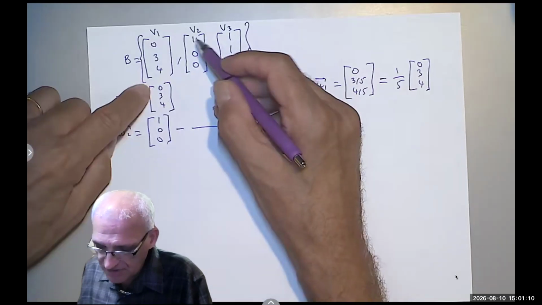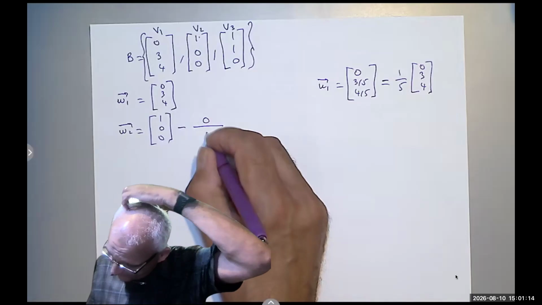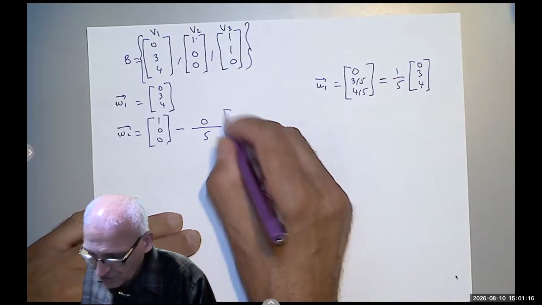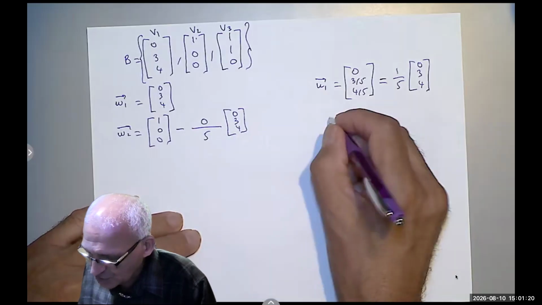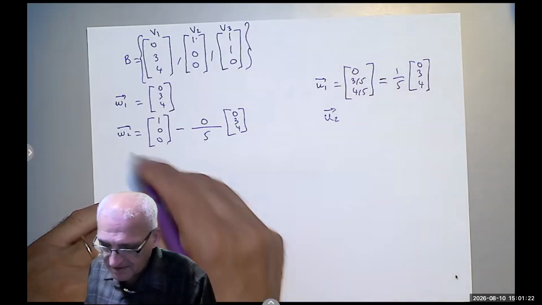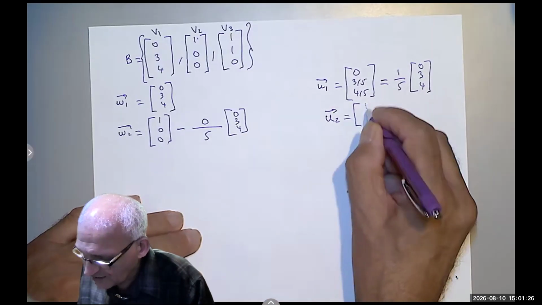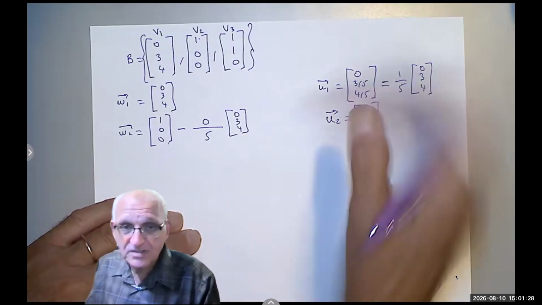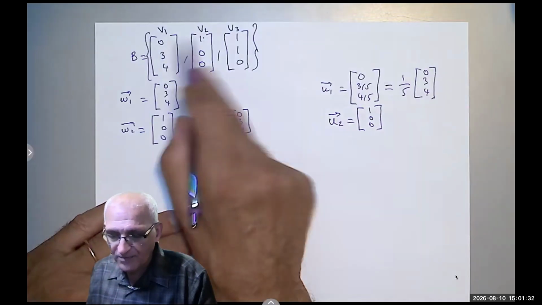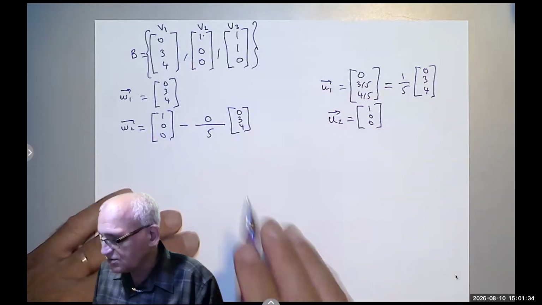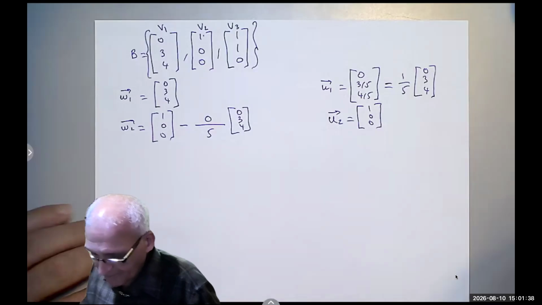So I can do 0 plus 0 plus 0, so minus 0 over 5, which is 0 times 0, 3, 4. So it stays the same. So U2 is the same as W2 because it's 1, 0, 0, so it has a magnitude of 1. That was easy. And we knew from the get-go that the dot product was 0, so it's already perpendicular. So I don't have to worry.